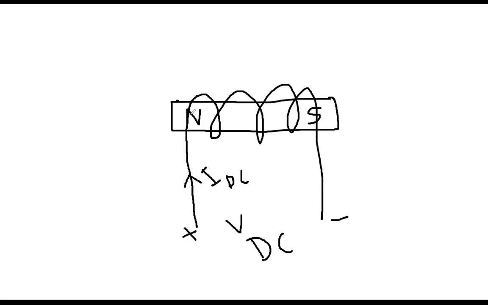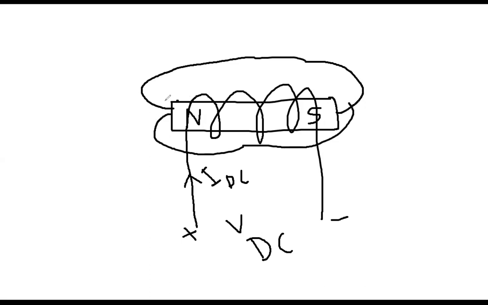And if this is north side, this is south side. You all know from physics, flux will originate from the north pole and terminate in the south pole. And then inside the magnetic material, it will flow from south pole to north pole. That is the typical direction of the flux that you learned in physics long ago.